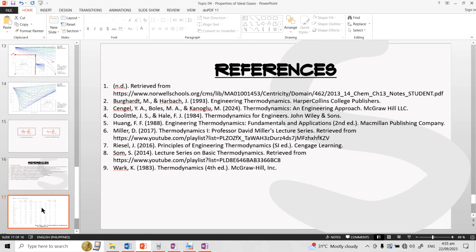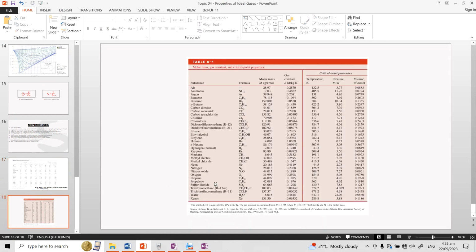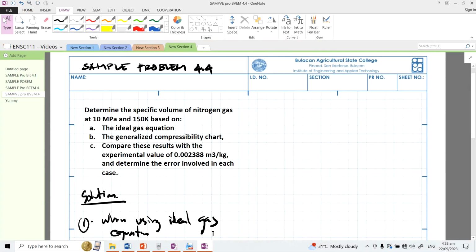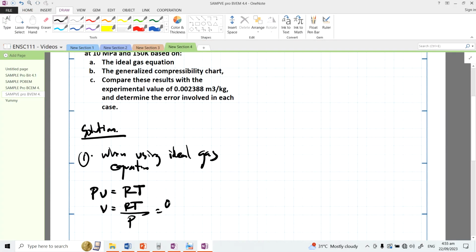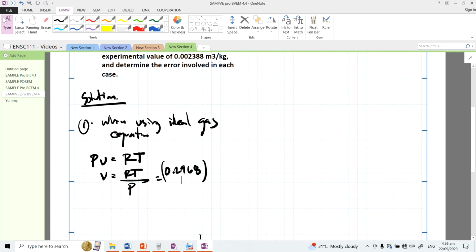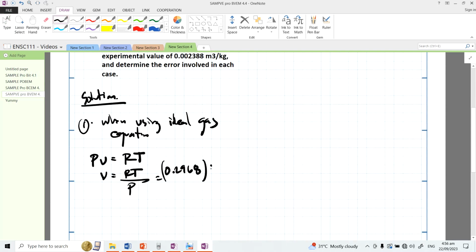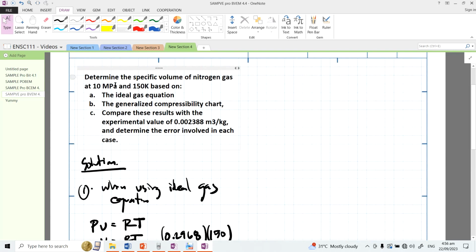From our table, R for nitrogen gas is 0.2968 kilojoules per kilogram Kelvin, and the temperature is 150 K, divided by the pressure of 10 megapascals.